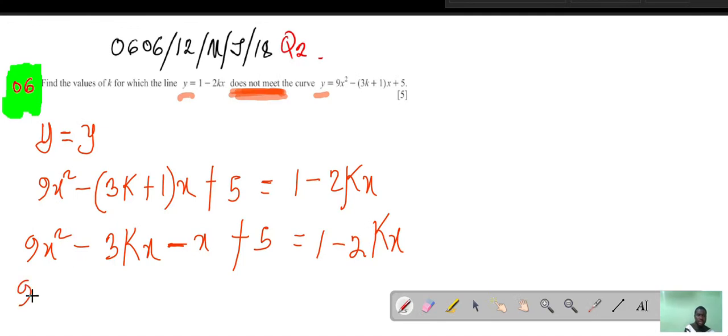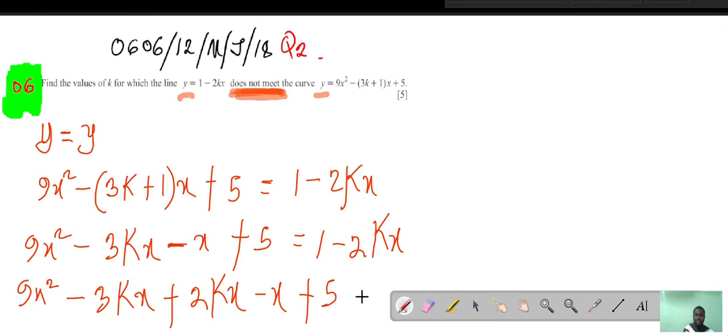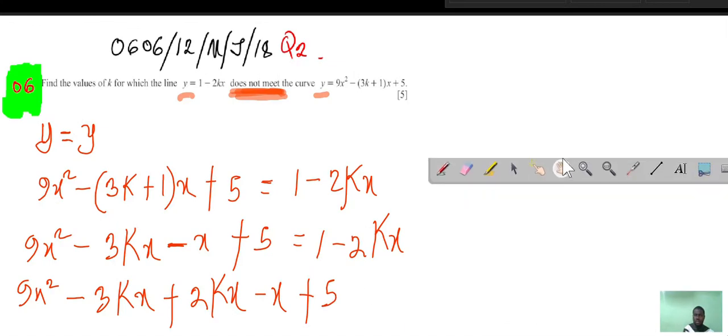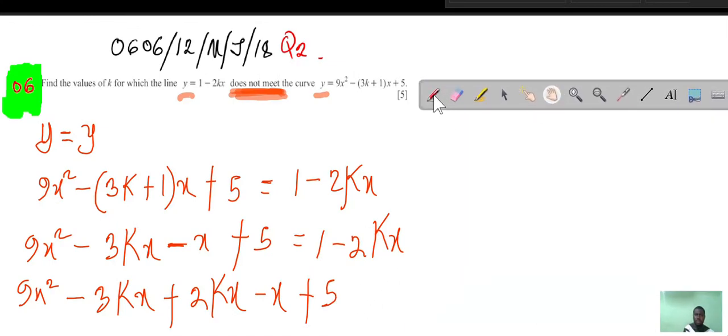So I'm going to have 9x squared, negative 3kx plus 2kx minus x plus 5 minus 1 equals 0.